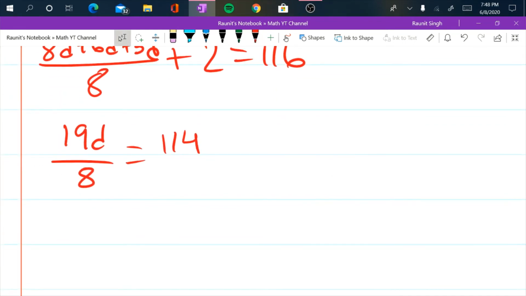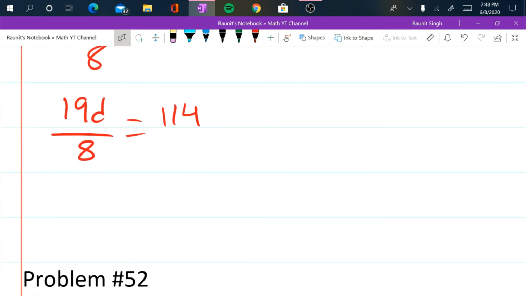And now we're going to have to do 114 times 8, right? Yeah. Okay, so then we're going to just do the reciprocal. And then 114 times 8, divide that by 19. So, can we simplify anything?